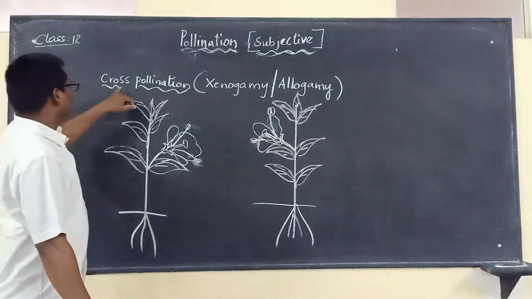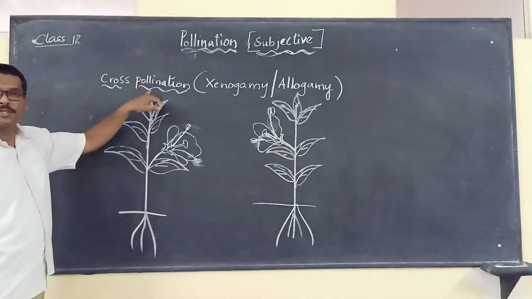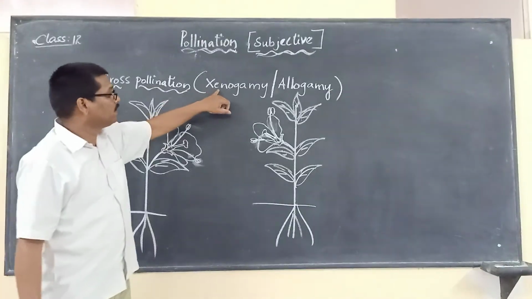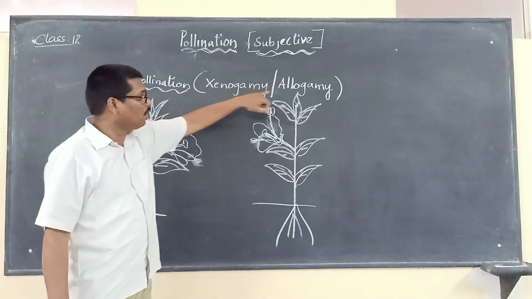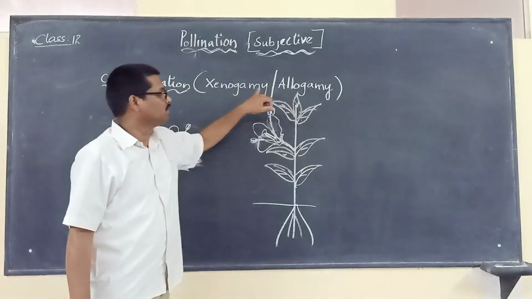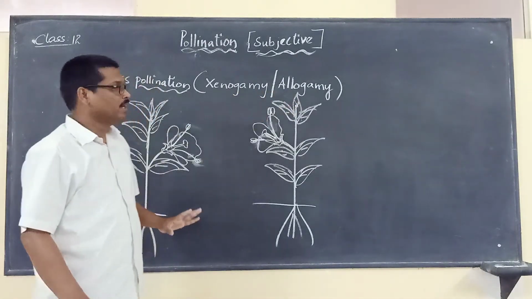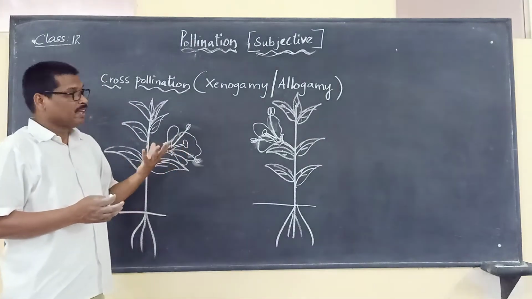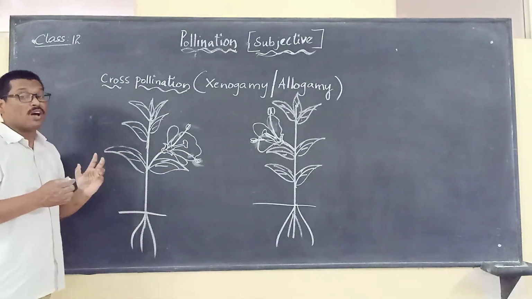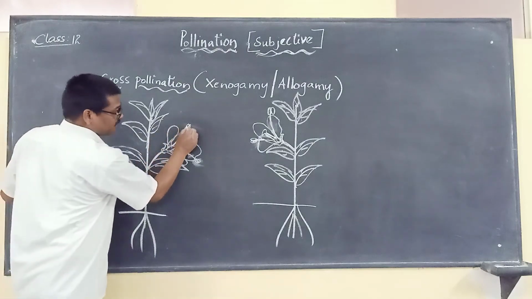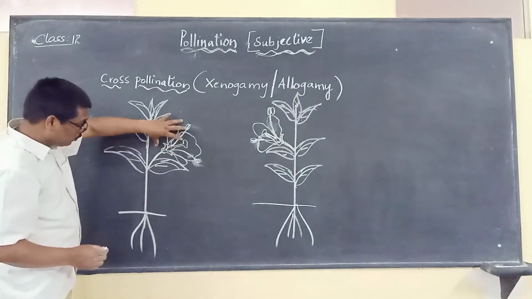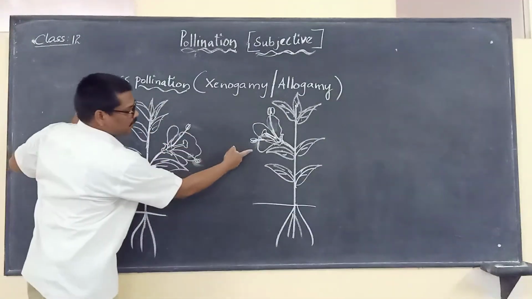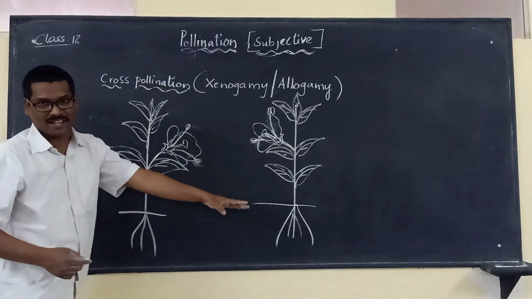The next one we are going to discuss is cross-pollination. Cross-pollination, as we said, can be called xenogamy, or it is also called allogamy. What do you mean by cross-pollination? We should understand. It is transfer of pollen grains from the anther of one flower born on one plant to another flower born on another plant.